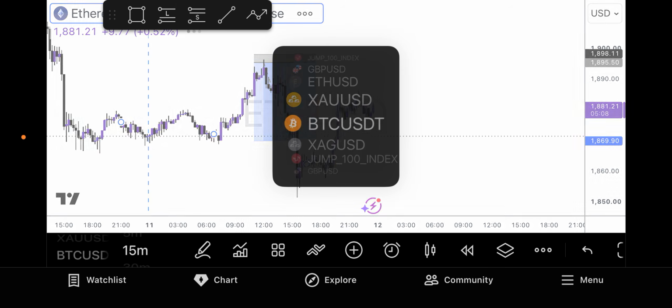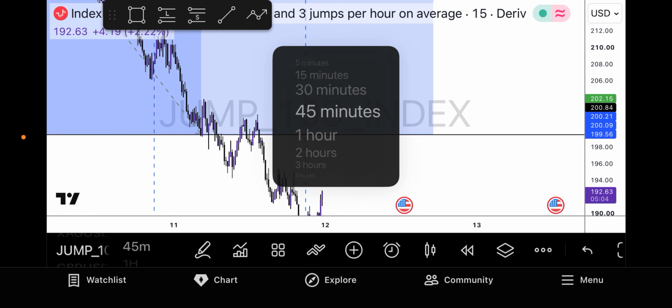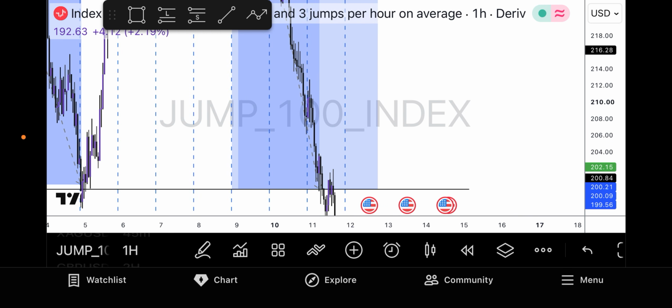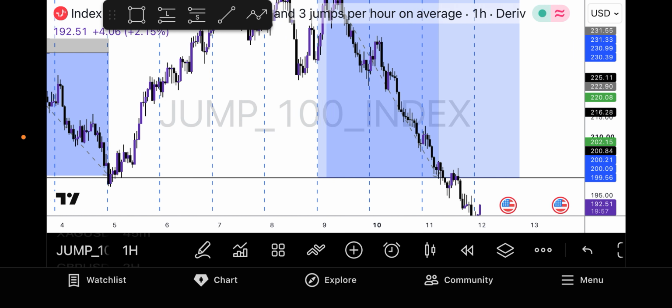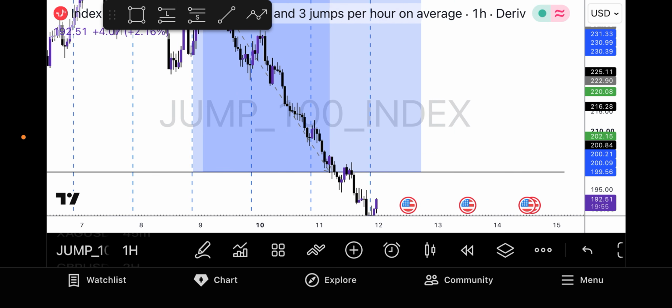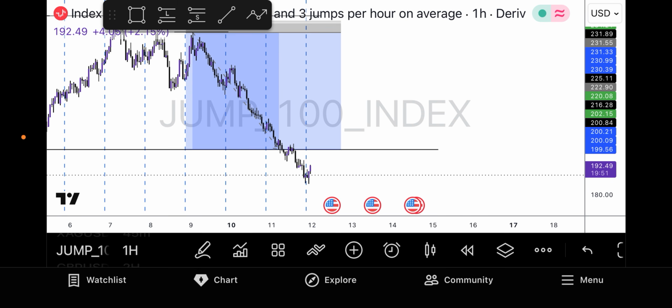And this one is an indices pair. As you can see, this one is a play where I waited for this setup for almost, I think, 5 days before it hit my target, as you can see.